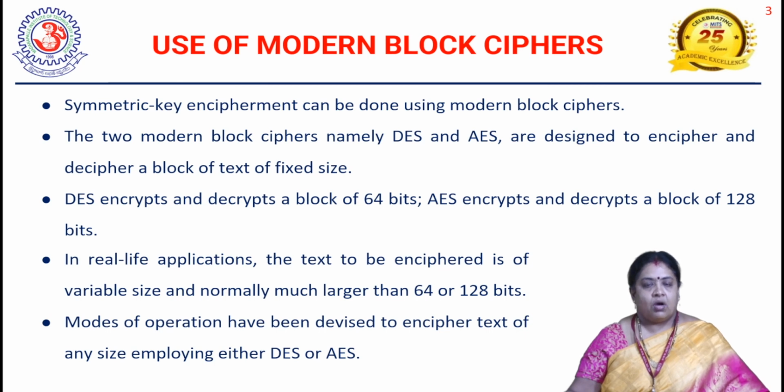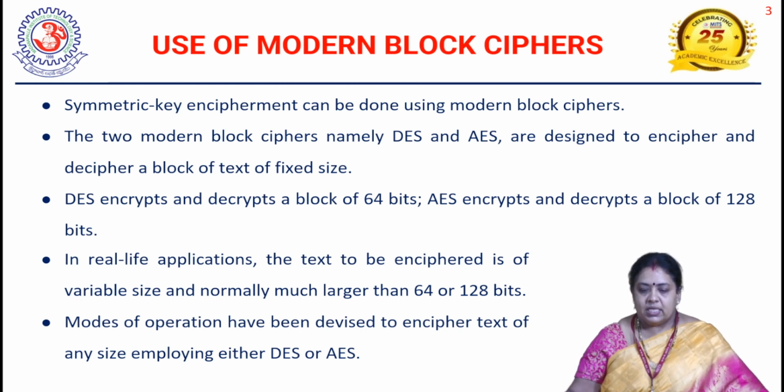Already we discussed that cryptography is divided into two types: one is symmetric, and the other is asymmetric. This symmetric key cryptography can be done using modern block ciphers. Modern block ciphers are nothing but symmetric key algorithms, which we have discussed earlier, that is, the DES algorithm and AES algorithm.